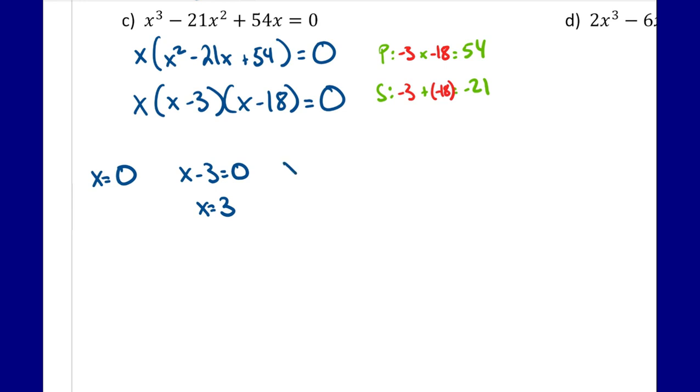Next bracket, x minus 18 equals 0. Move the 18 over, x equals positive 18. So I have three possible solutions for this one: x could equal 0, 3, or 18.